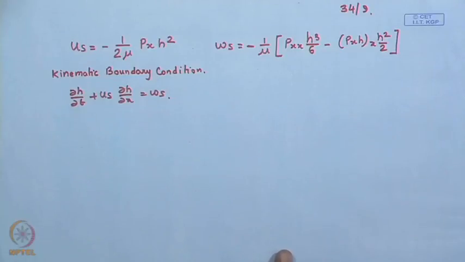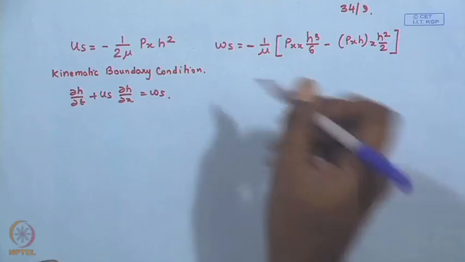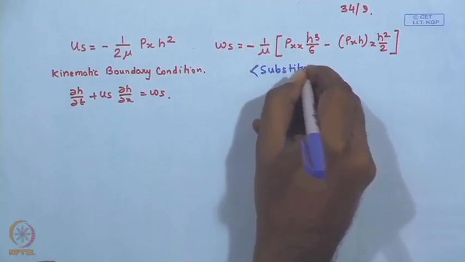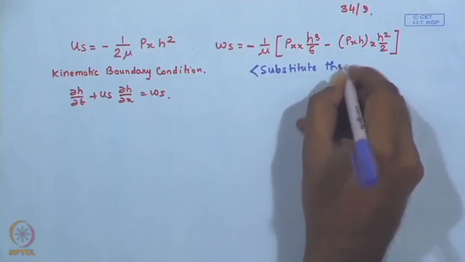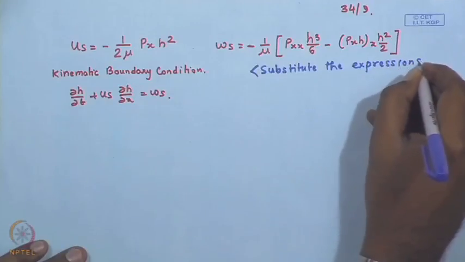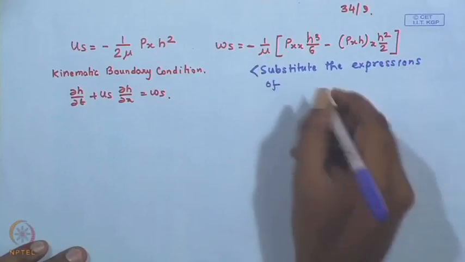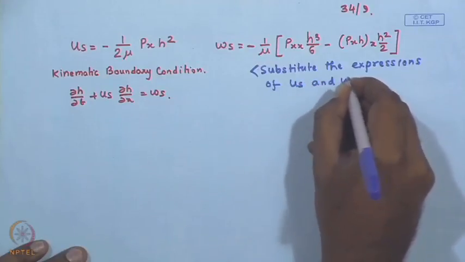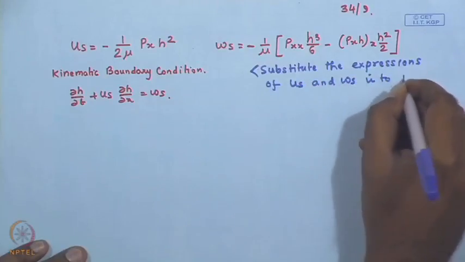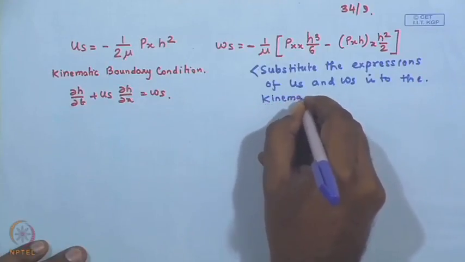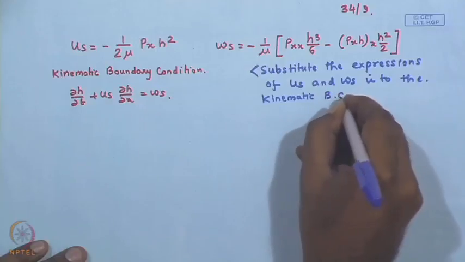Now, the strategy is to substitute the expressions of us and ws into the kinematic BC.